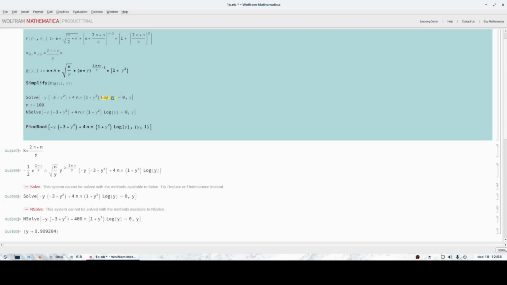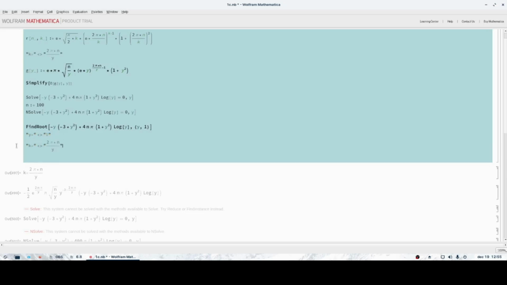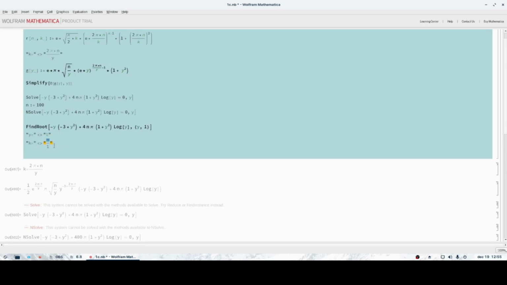So this means that, as we said, k equals 2 pi n divided by y, and if y equals 1, then k must be equal to this 2 pi n.